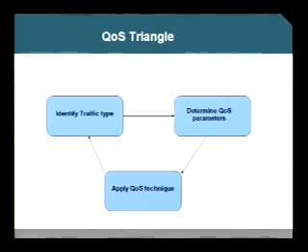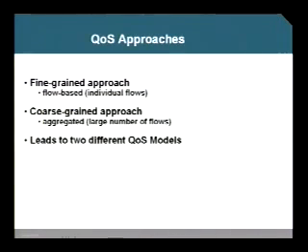So this is an illustration of how the three pieces fit together: identifying the traffic types, determining the parameters that influence the traffic types, and then coming up with a QoS technique that will ensure that the corresponding traffic type is appropriately handled. So this leads to two different approaches.